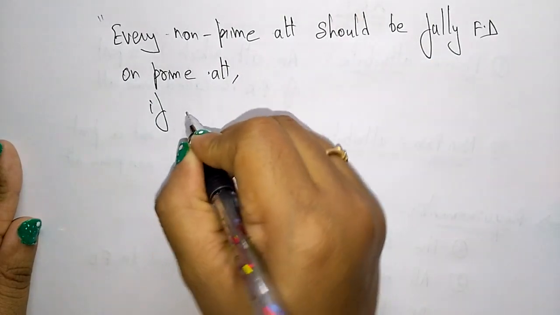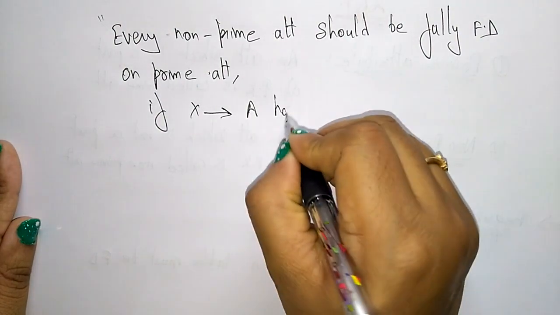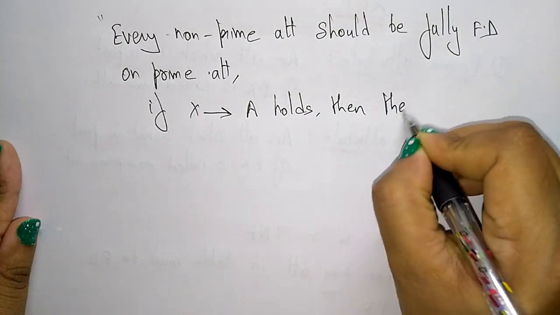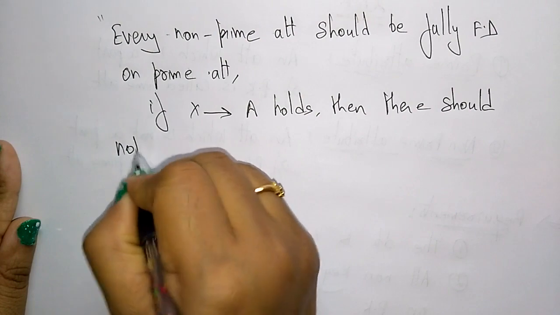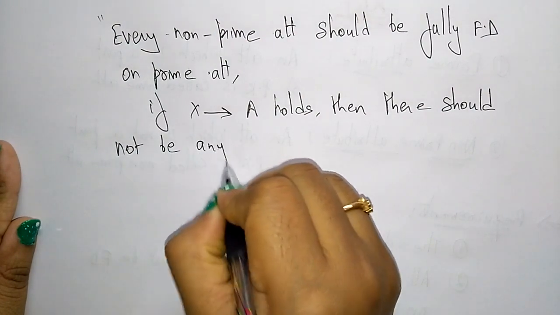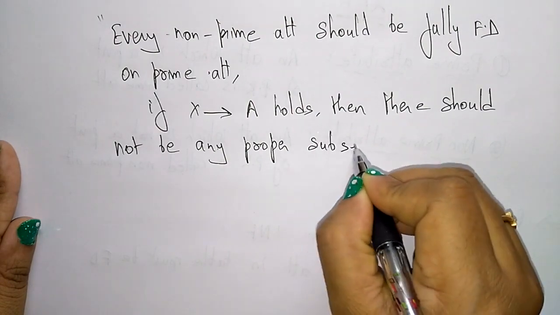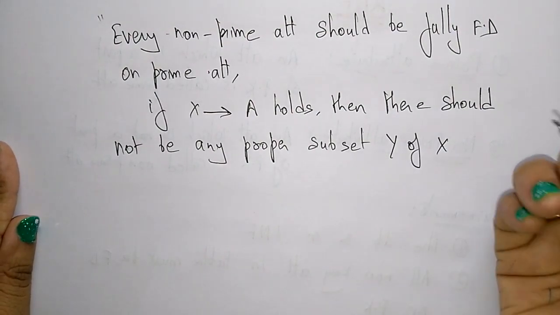If X determines A holds, then there should not be any proper subset Y of X, for which Y determines A also holds true. This just follows the functional dependency relationship.